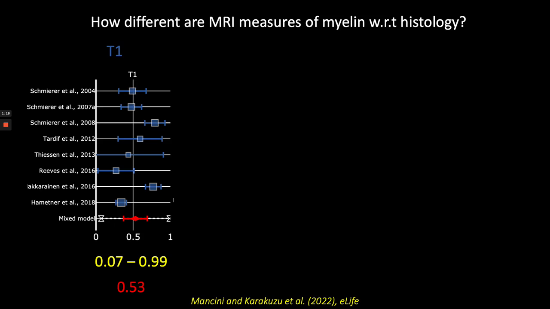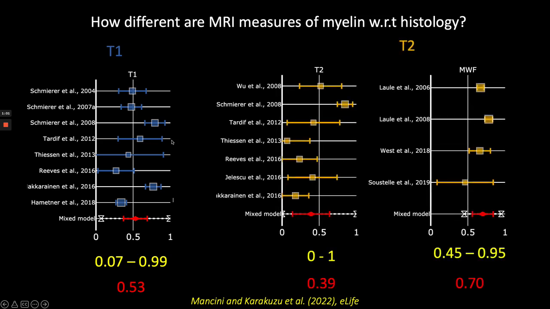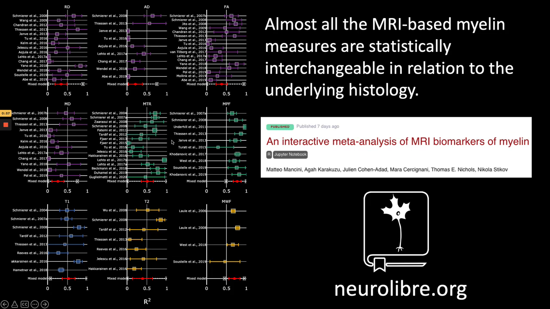And speaking of sensitivity, when we look at the literature on the relationship between T1 and myelin histology, the prediction interval for R-square ranges from 0.07 to 0.99, with an estimate of 0.53 on average. And similar numbers for yet another relaxometry parameter, T2, and other metrics of MT and diffusion.